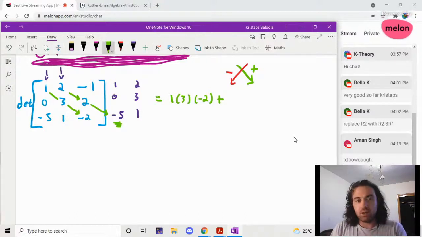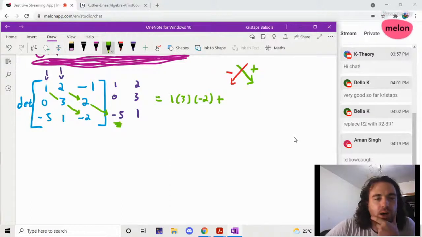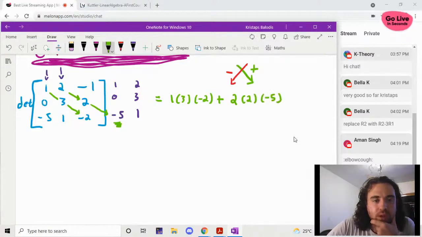But right now, I just want to teach you this method because it's a good, fast trick for exams. Now we get 2 times 2 times -5. And then multiplying down to the right again, we get plus -1 times 0 times 1.